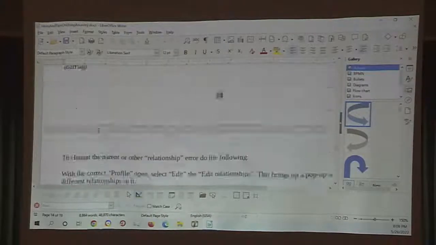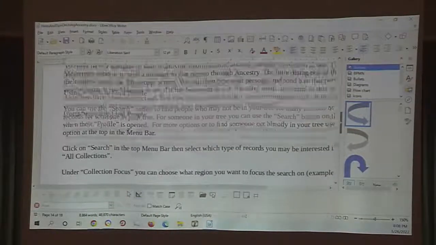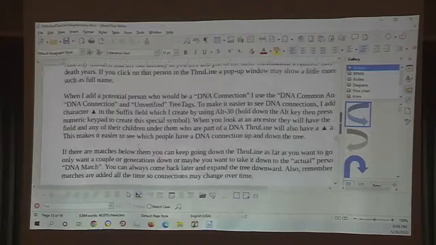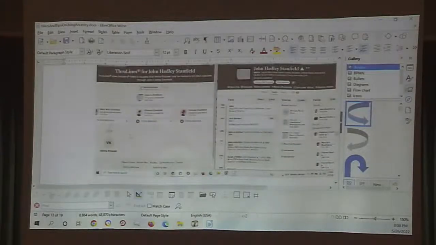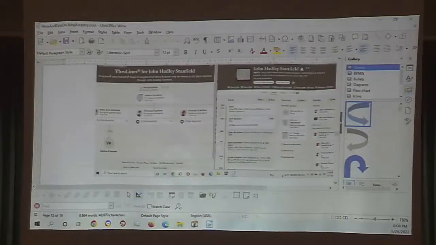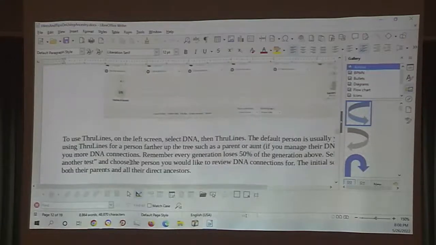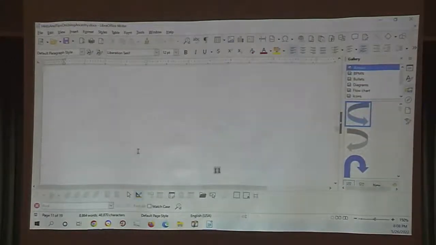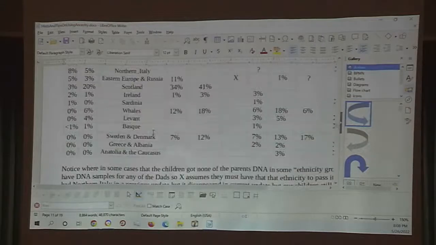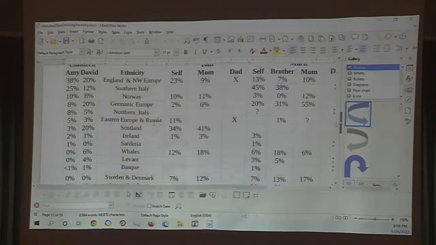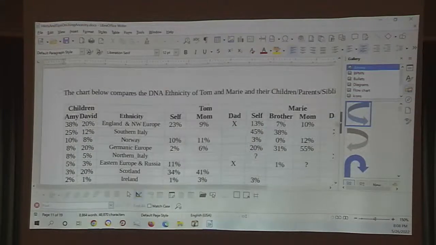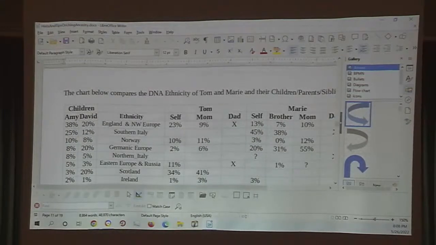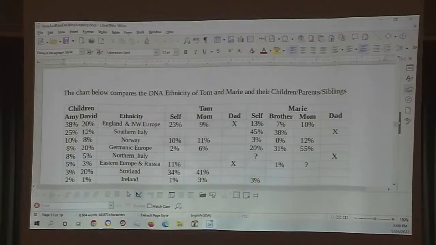It goes through everything I either have covered or wanted to cover. There's a couple things in here I want to show you. We talked about the through lines and using the dual screens to do that, and then using DNA through lines. I wish I could see more of this. Let me close this over here, get more screen.